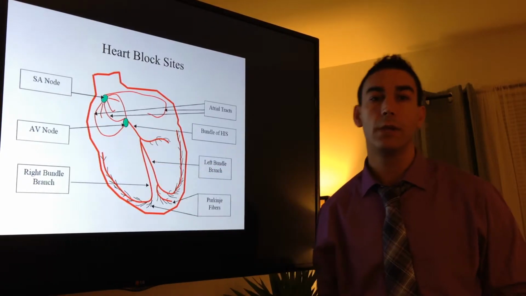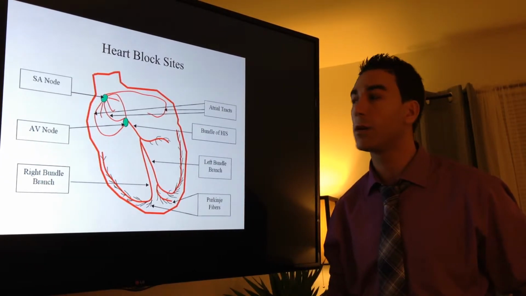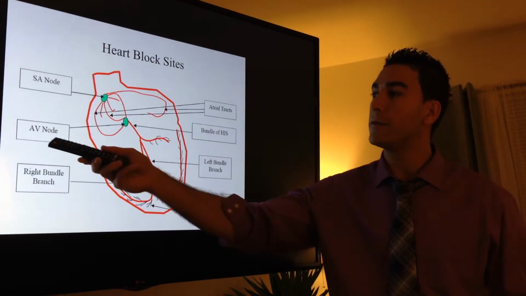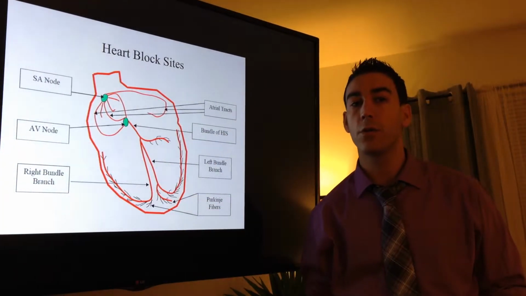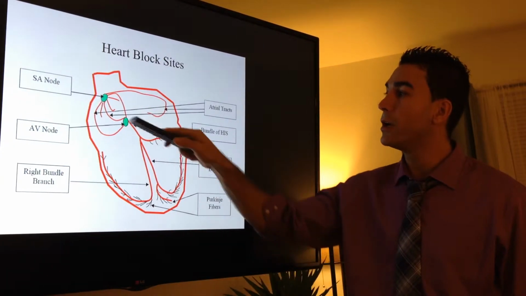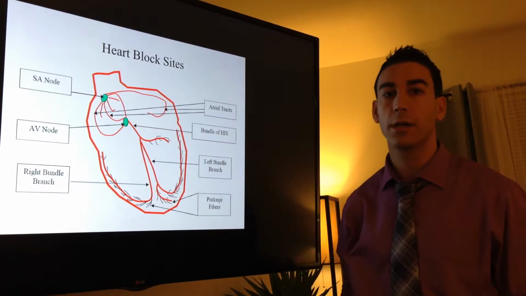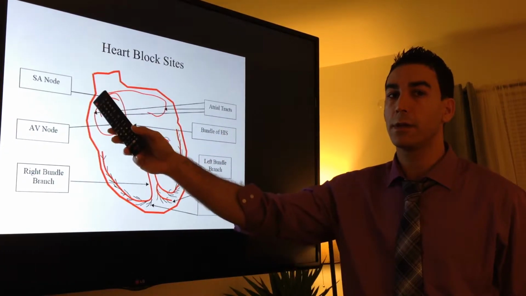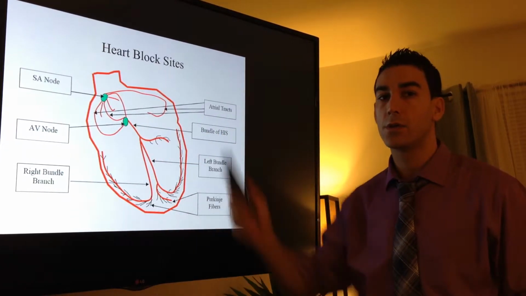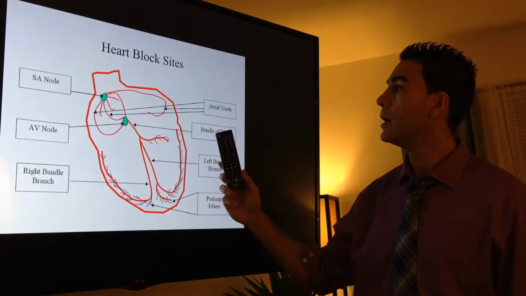The SA node is where the original firing happens for the electrical impulse. You also have the AV node or atrioventricular node right there in the middle between, if you basically cut the heart in 4 pieces between the right, left, superior and inferior, the AV node should be around the middle.